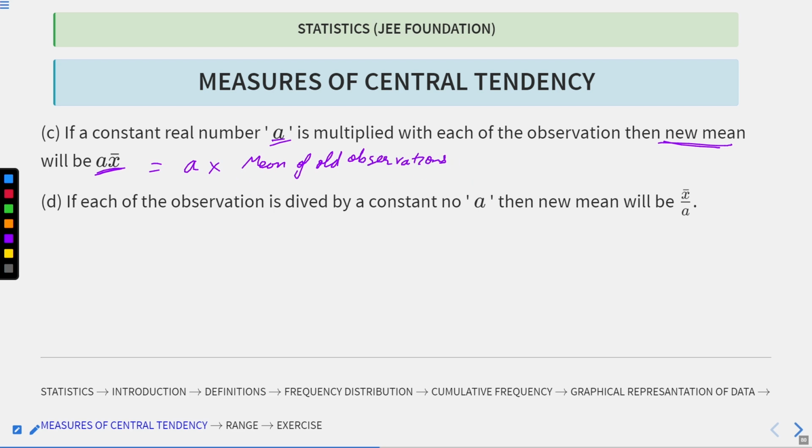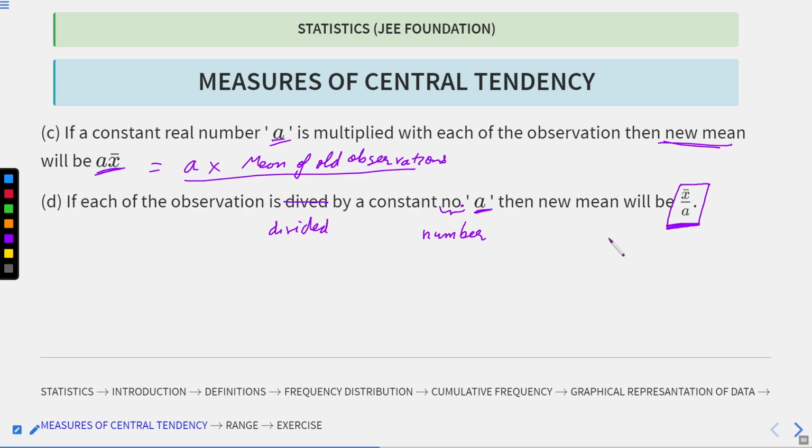I hope this is clear. In a similar manner, if each of the observations is divided by a constant number a, then my new mean will be the old mean divided by a. I hope this is all clear to you.